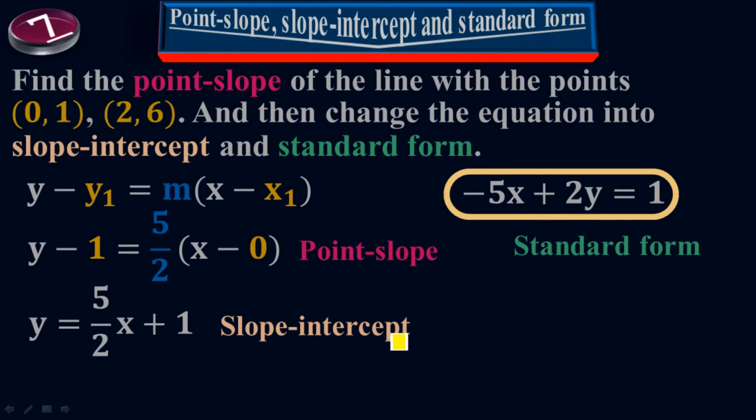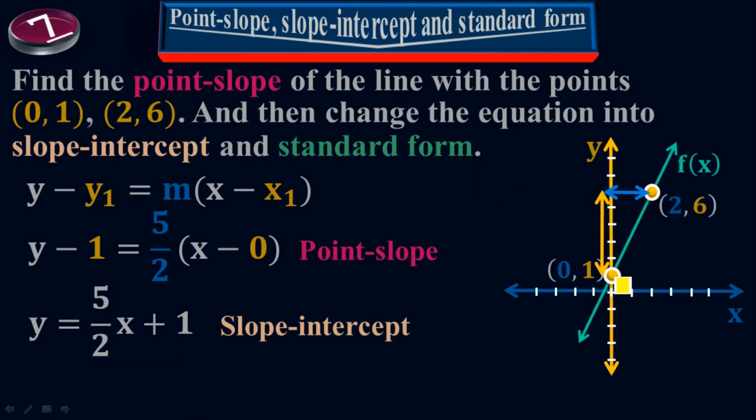In slope-intercept form, b is the y-intercept, which means that the line crosses the y-axis at +1. Let's check it. Here, this line crosses the y-axis at +1. So 1 is the y-intercept. Therefore, my b is 1.